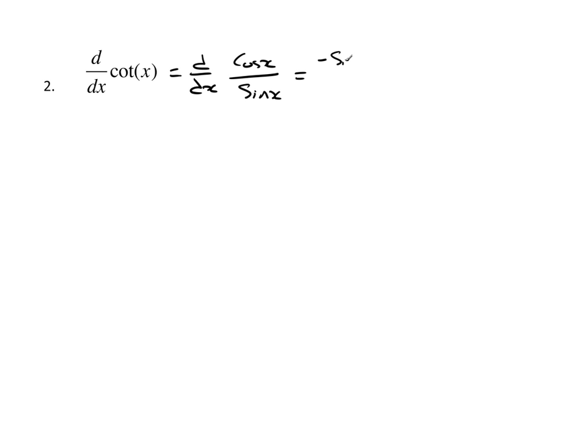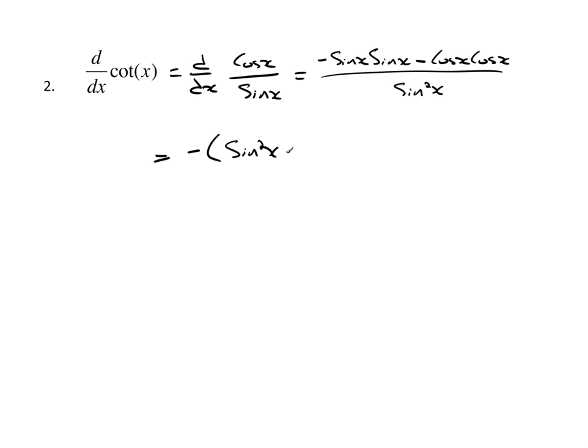So I have a negative sine x times sine x minus cosine x times the derivative of sine, which is cosine x, divided by sine squared of x. So this is going to be equal to, I'm going to factor out this negative, a negative of sine squared of x plus cosine squared of x over sine squared of x.